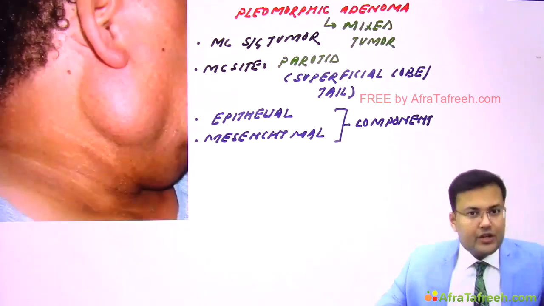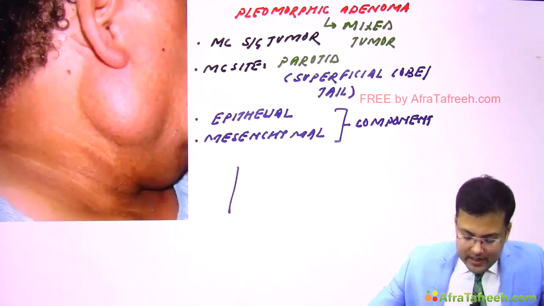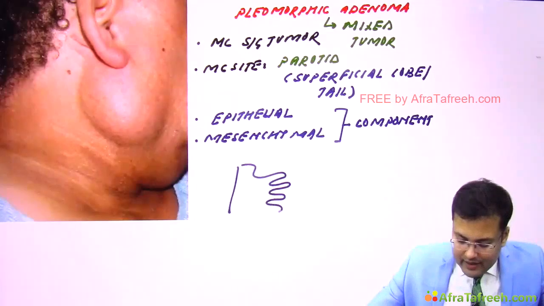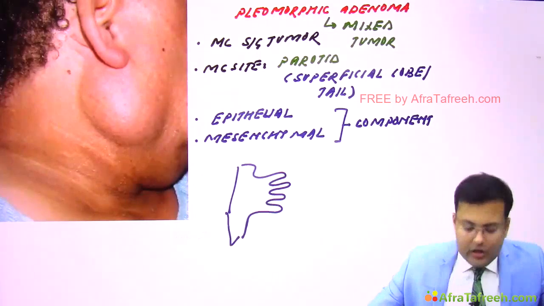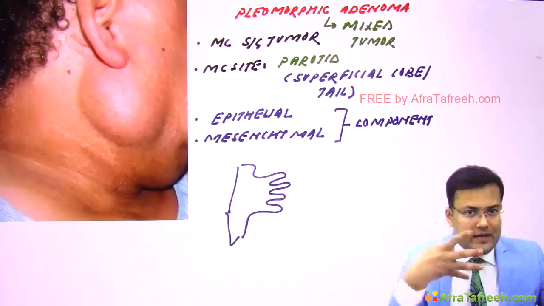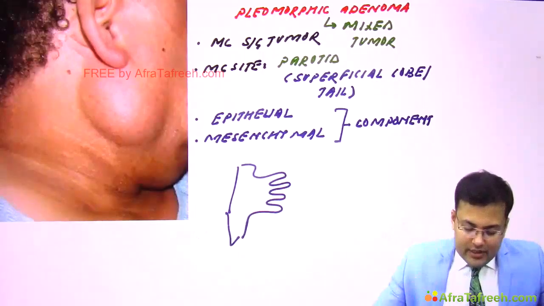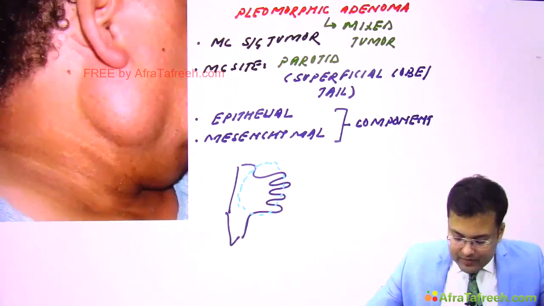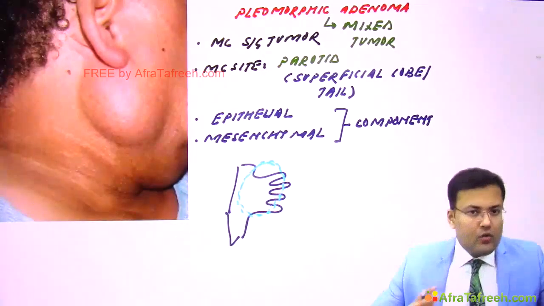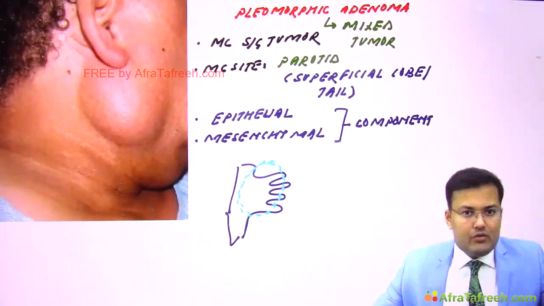Second important feature of pleomorphic adenoma, see, this tumor has finger-like projection or pseudopodia-like growth. And if the tumor has this kind of finger-like projection or pseudopodia-like growth, what is contraindicated? Enucleation.